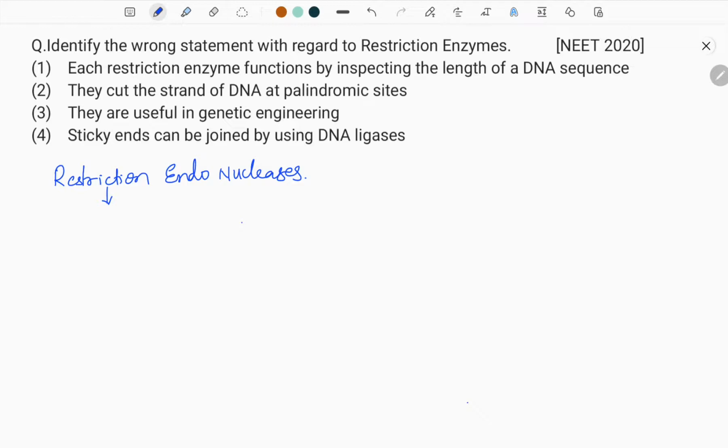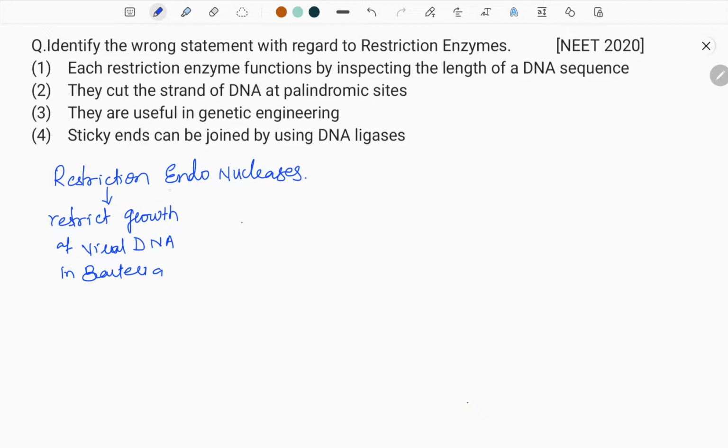They try to restrict the growth of bacteriophages, that is, the growth of viral DNA in bacteria. That is the major function of the restriction.